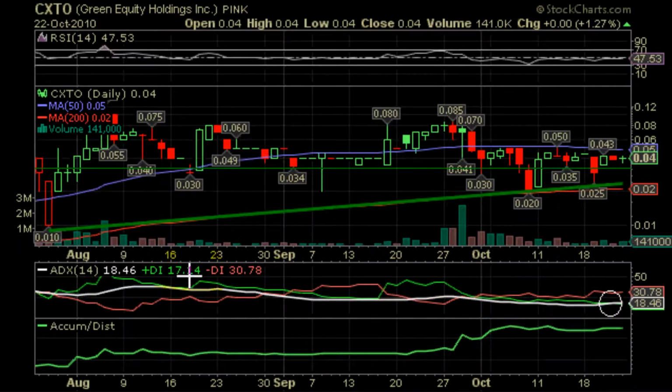So moving on from the ADX, since the ADX isn't giving us much direction, we need to look at other indicators, and a great accomplice indicator to the ADX is the accumulation and distribution. This shows us if there's buying or selling within the equity. As we can see, from the month of August, accumulation has steadily risen.